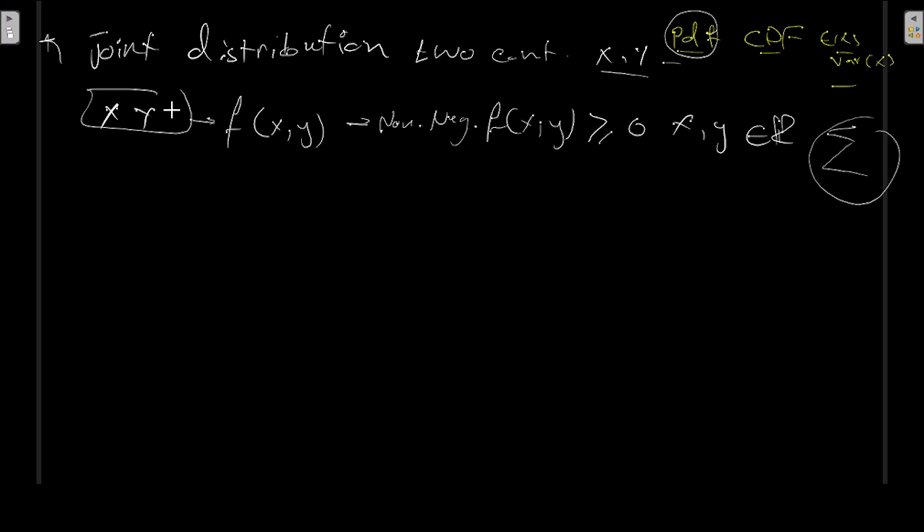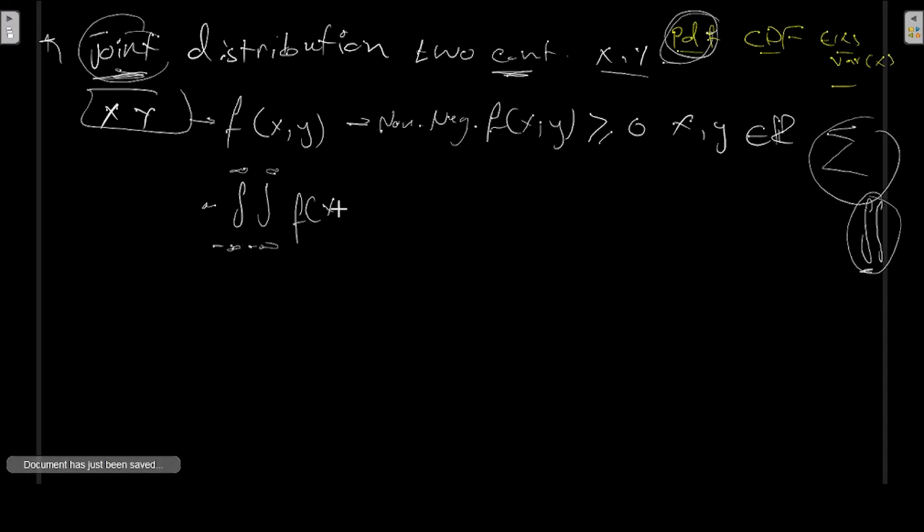But since we are looking at a continuous case, here is where the integrals take place, as we established earlier on. But here we've got a joint, so we are not dealing with one integral, but double integrals. So in this case, we want double integrals from minus infinity to infinity of f of x, y with respect to x and then with respect to y. And we have to know that the total area of taking this integral, as usual, is going to be 1.